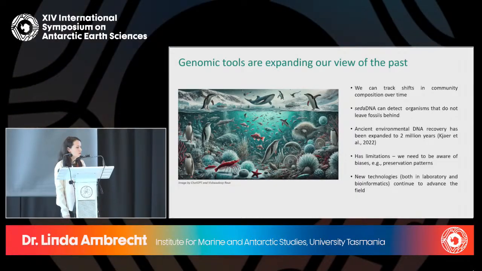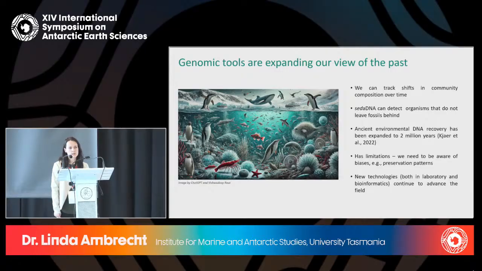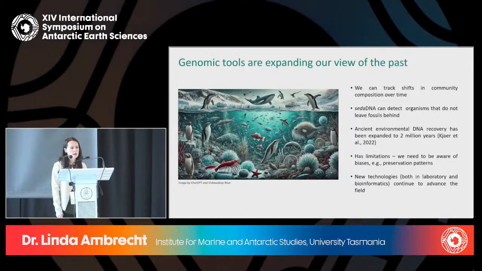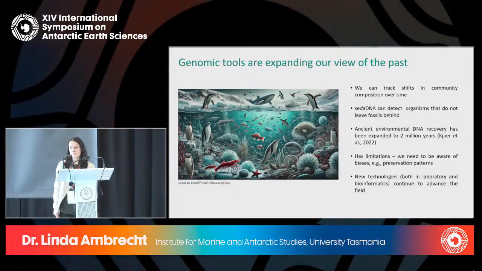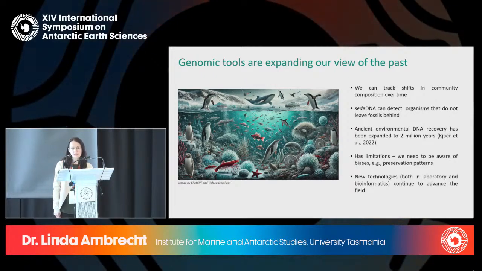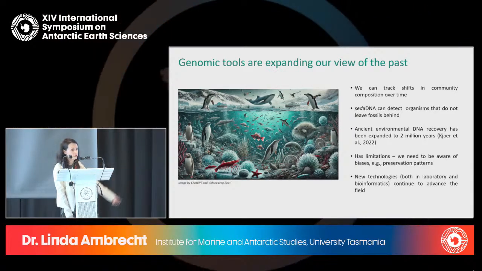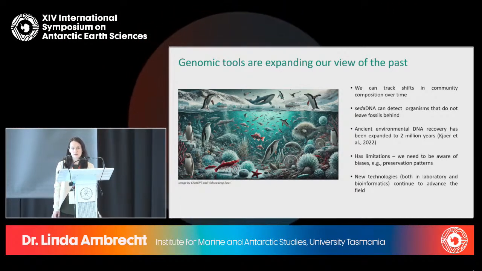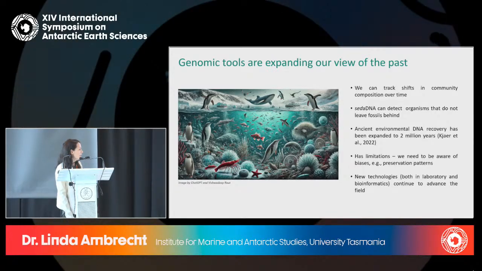The record of ancient environmental DNA recovery sits at the moment at about 2 million years. But given that we always thought that DNA doesn't preserve for longer than 1.5 million years, this is very, very interesting, and at the moment the field isn't entirely clear what the actual ancient preservation limit for DNA is. So it's possible we still find older DNA.